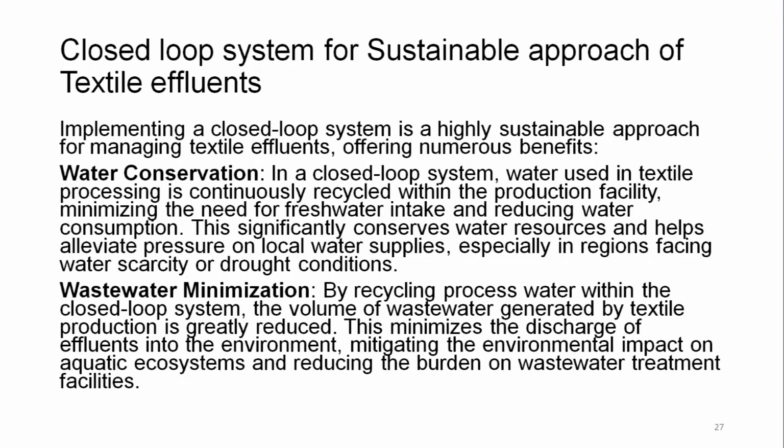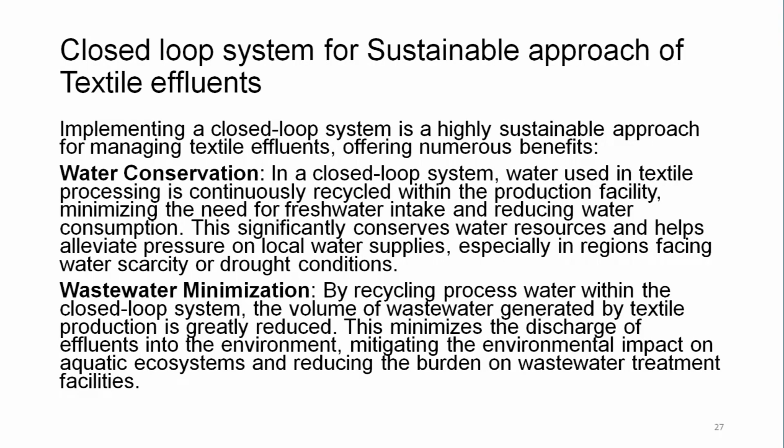Water conservation, wastewater minimization. Now, when we say water conservation, in a closed loop system, water used in textile processing is continuously recycled within the production facility, minimizing the need for fresh water intake and reducing water use.